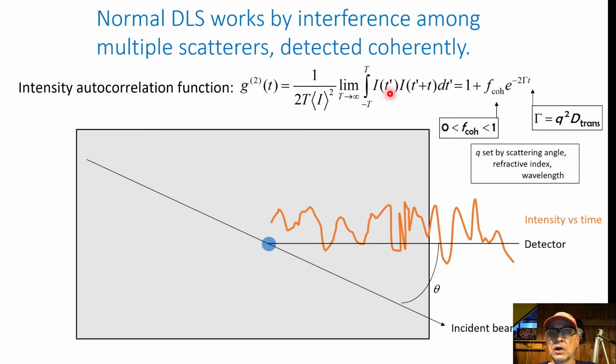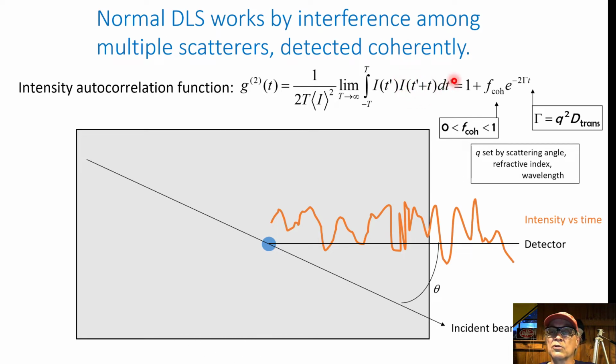It's an actual time of the day. And little t with no prime, that's what's called the lag time. It's the difference between the times when you sample the intensity. We're going to get the intensity at time t prime, and then we're going to get the intensity at time t prime plus a little bit later.